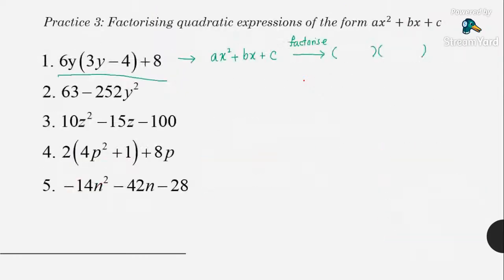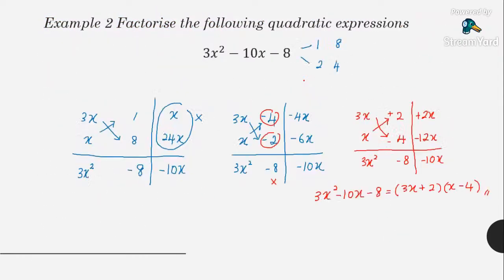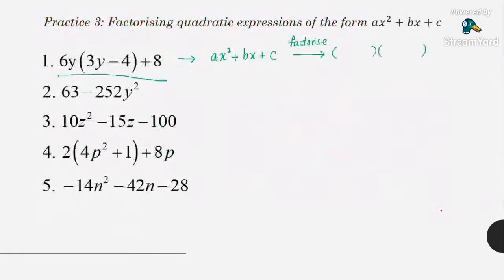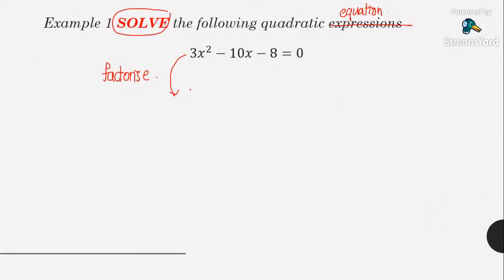When we factorize this, we get the answer 3x plus 2, x minus 4. The way to factorize it, I have shown you just now. After you have factorized it into two factors, then only we can solve.